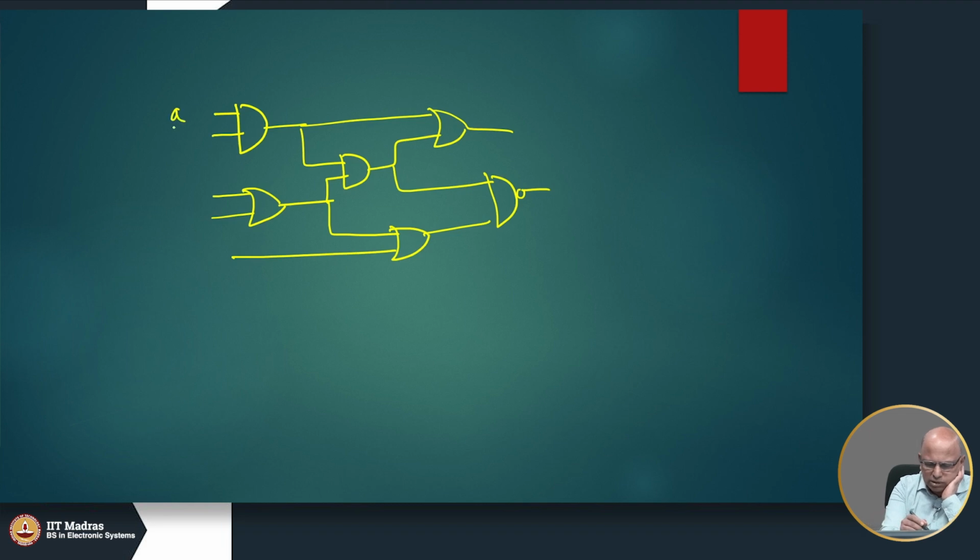So, let me label these as A, B, C, D, E. This is F1 and F2. Okay, this is G1 and G2. Okay, and this is H1 and H2. Okay, and let us say this is M and N.